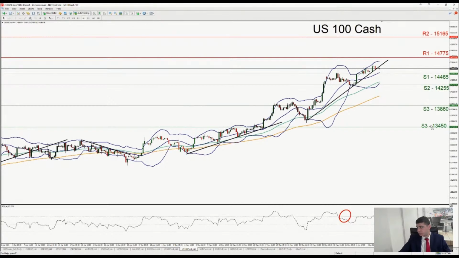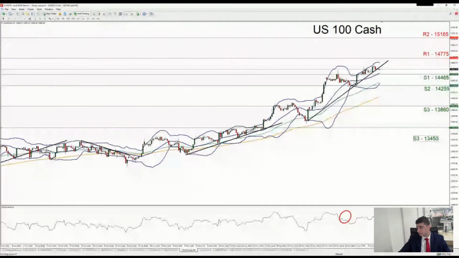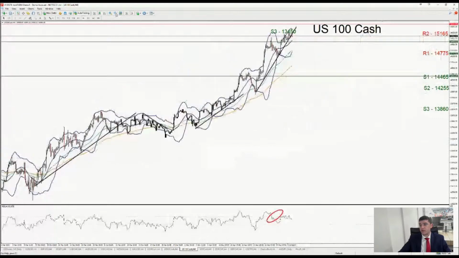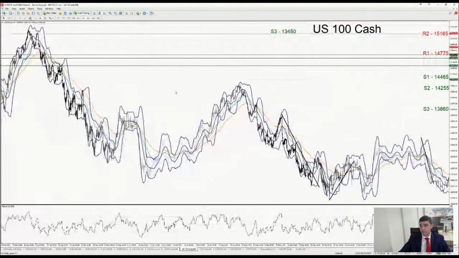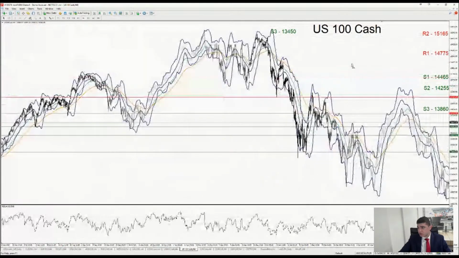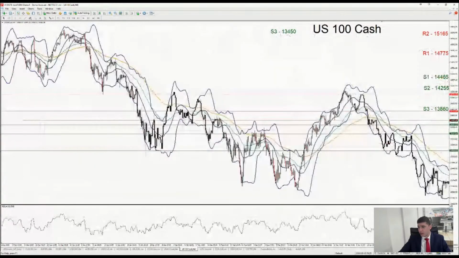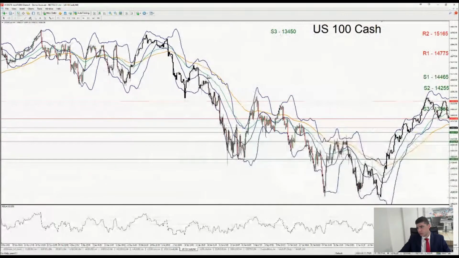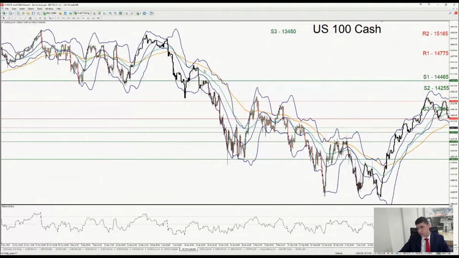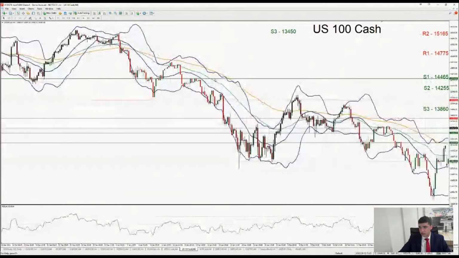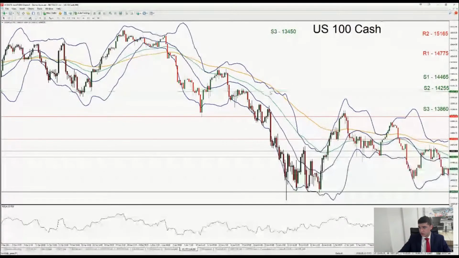S3. And once again, in order to find previous level of resistance, we need to go back and we need to verify that this is correct.